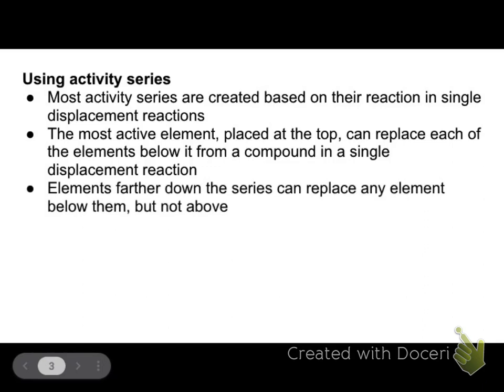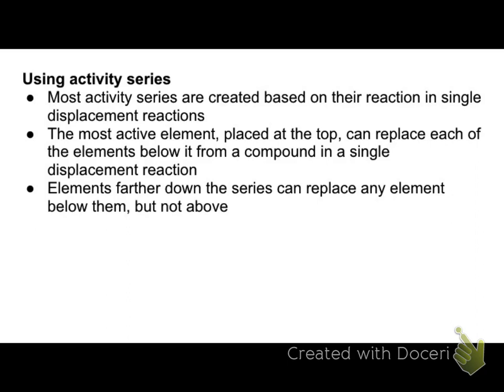Elements that are farther down in the series could replace anything that's underneath them, but they can't replace anything that's above them. If you'll remember when we talked about the halogens, we talked about how a halogen that is at the top of its group can replace ones below it. That's basically the activity series for halogens by themselves. So we're going to do a similar thing.